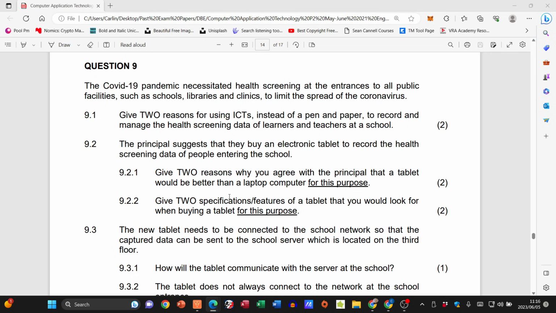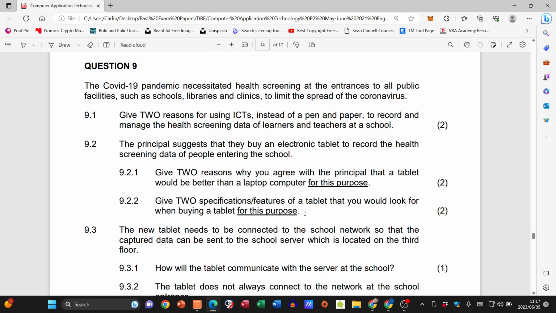Give 2 specs or features of a tablet that you would look for when buying a tablet, and there it's underlined, for this purpose. So remember what it's been used for. Remember, in grade 10 and 11, we spoke about factors that influence the buying of ICT devices. We know what it's going to be used for. Does it need a massively fast processor?